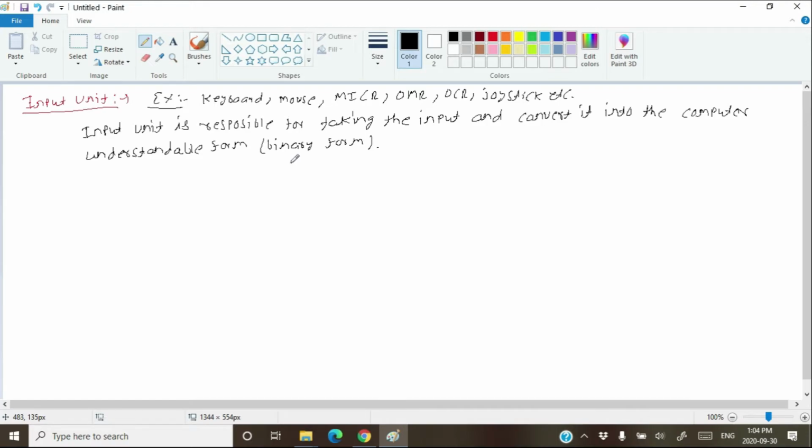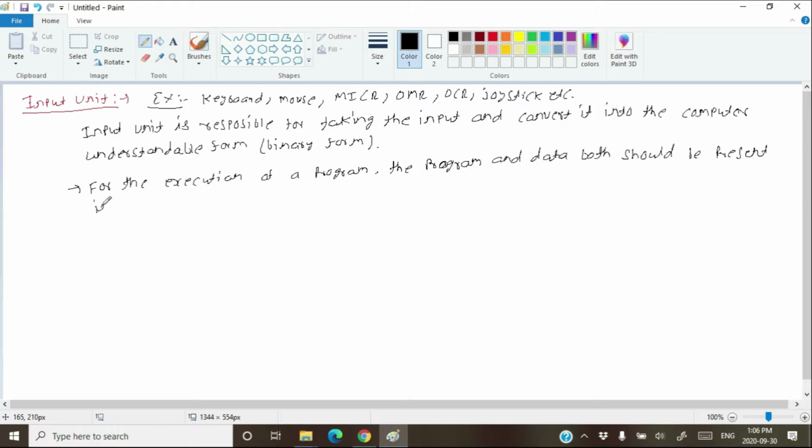After converting your input to 1 and 0 binary, the input unit of the computer stores that input in the memory. One more point you should notice here. For the execution of a program, the program and data both should be present in the memory together.